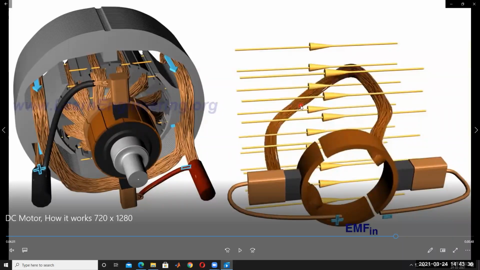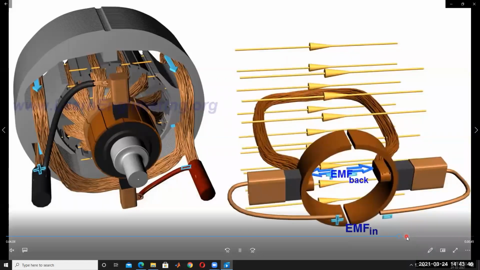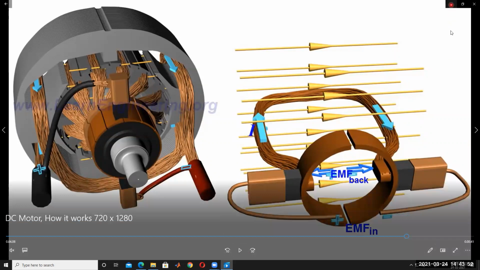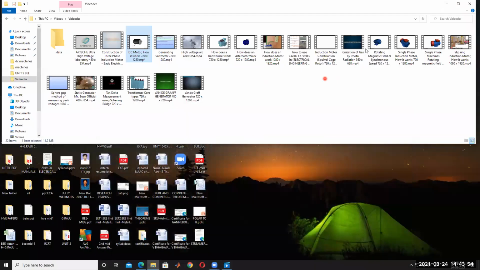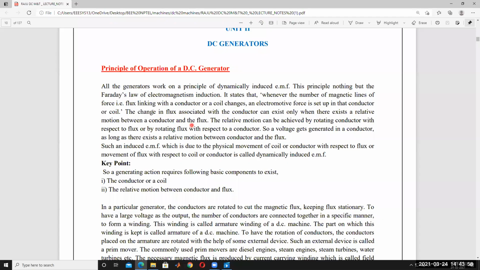The back EMF in a motor always opposes the main field EMF. Like this, the EMF is generated in DC generators. So this is about the animation video. Like that, the DC generator is operating.